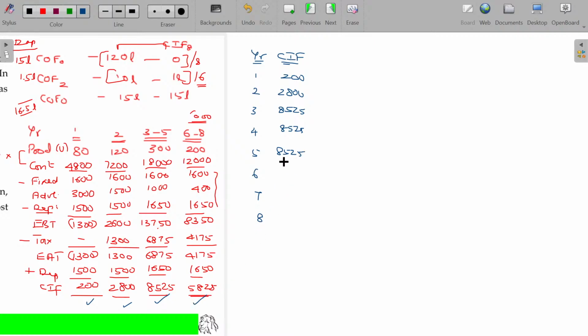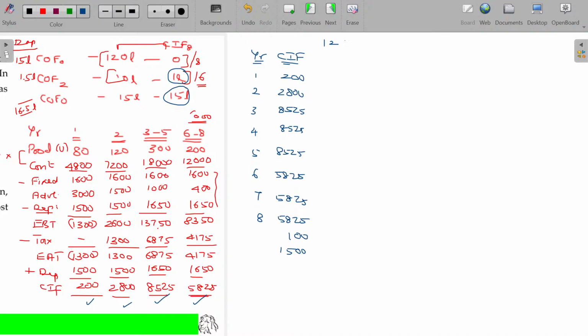And from 6 to 8, my cash inflow being 58.25 each. Apart from that, in the 8th year I get two more cash inflows, 100 rupees and another one, 1500. 100 rupees is nothing but the sale of the additional asset, and 1500 is nothing but the realization of the working capital. The original fixed assets we installed at the very beginning have no salvage value, right?